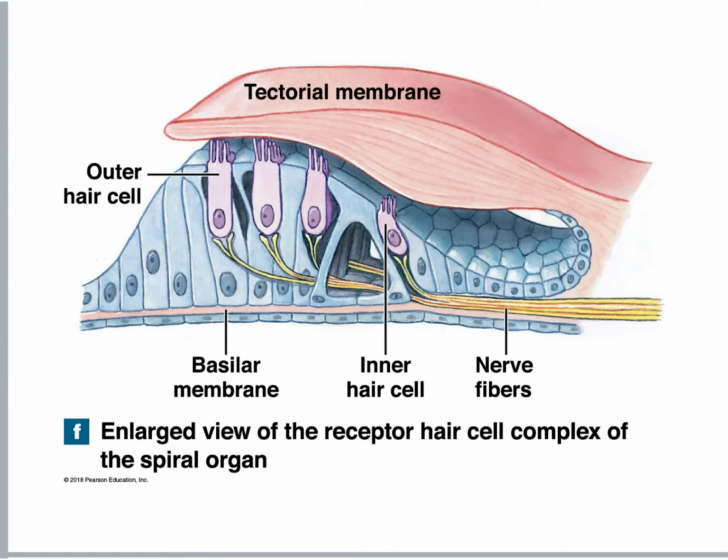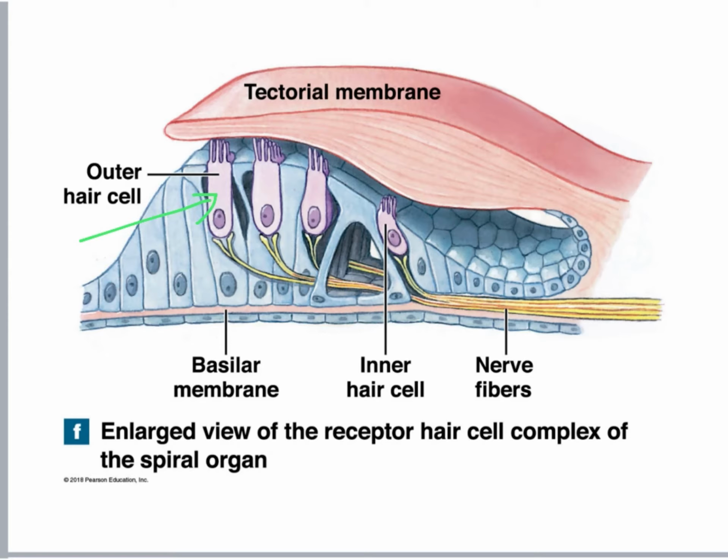Now, if we zoom in on the spiral organ per se, we can see that we have hair cells, which are the auditory receptors, also called cochlear receptors. The hair portion of these cells extends up and touches a membrane called the tectorial membrane. So what happens is that when sound gets transmitted to the cochlea, it causes a wave in the endolymph inside the cochlear duct.